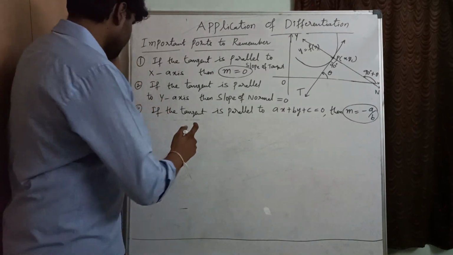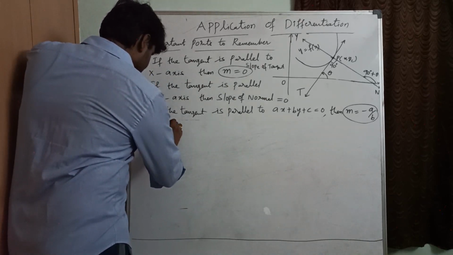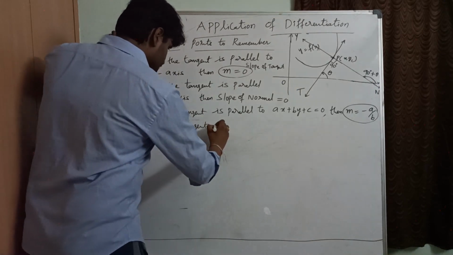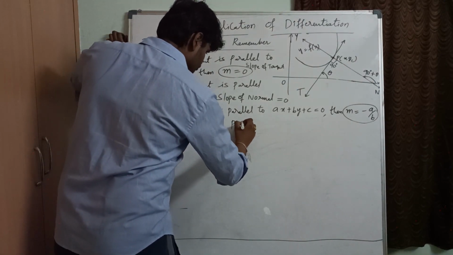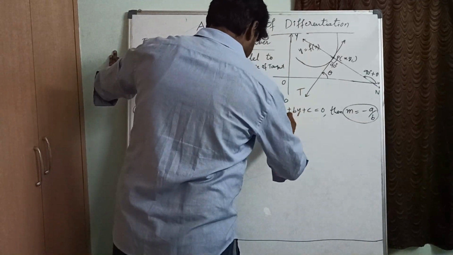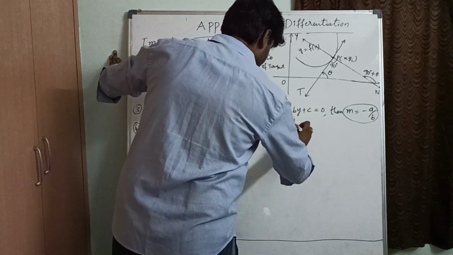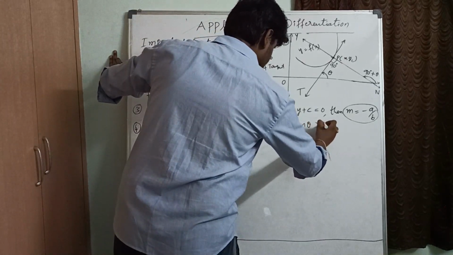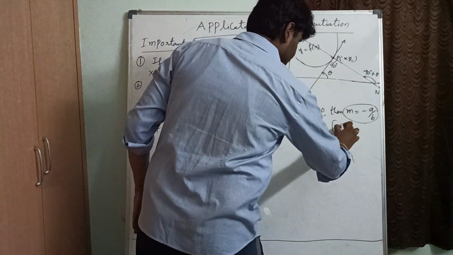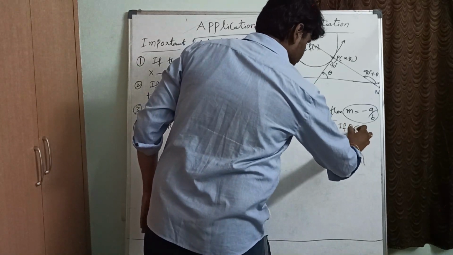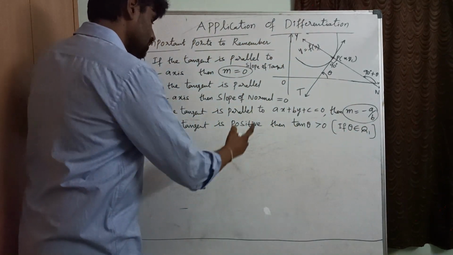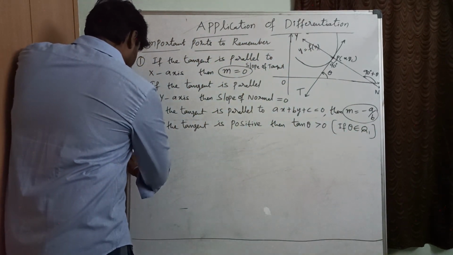So if the tangent is positive, then tan theta greater than 0 means slope greater than 0. This only happens if theta belongs to the first quadrant, that is, acute.